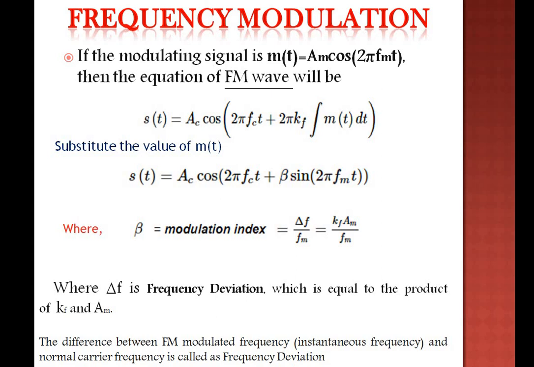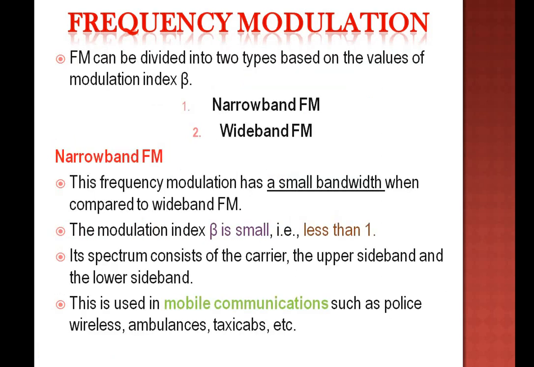This frequency deviation can also be found by the difference between your frequency modulated or instantaneous frequency and the normal carrier frequency. So this is one method of finding your frequency deviation. Or frequency deviation is also given as kf into Am, that is your frequency sensitivity into the amplitude of your message signal. So these are the mathematical expressions of your frequency modulation.